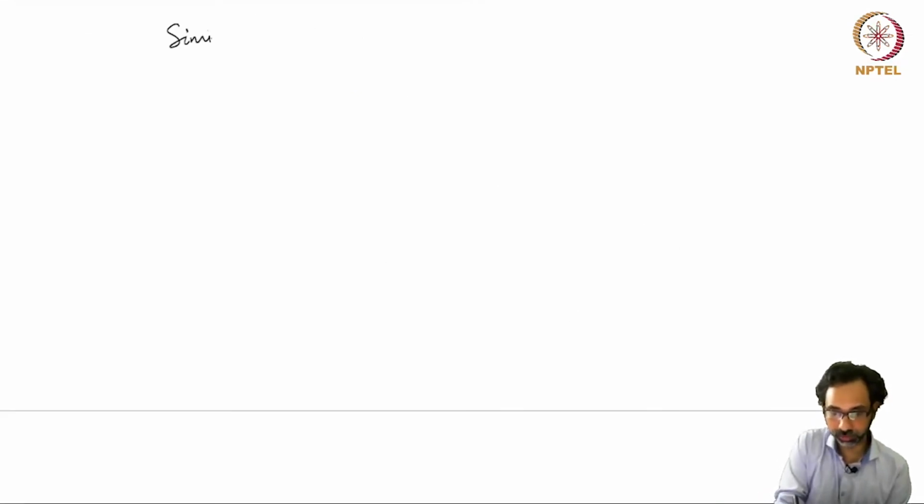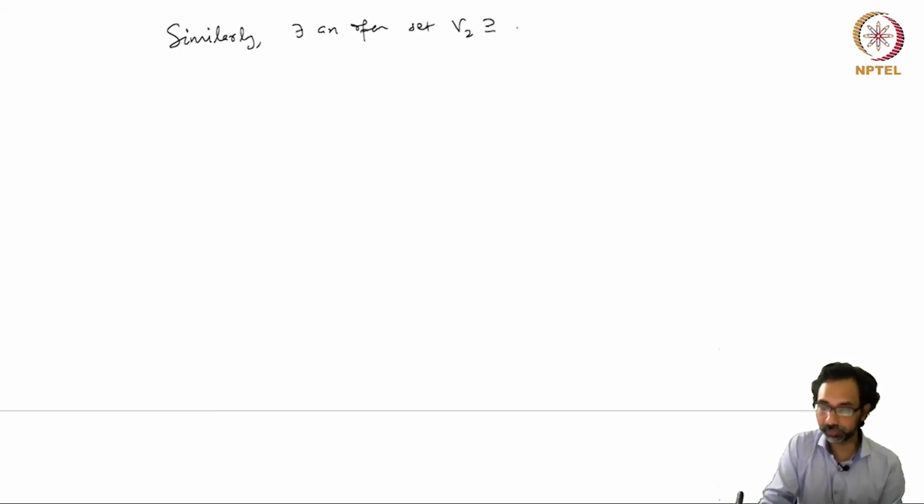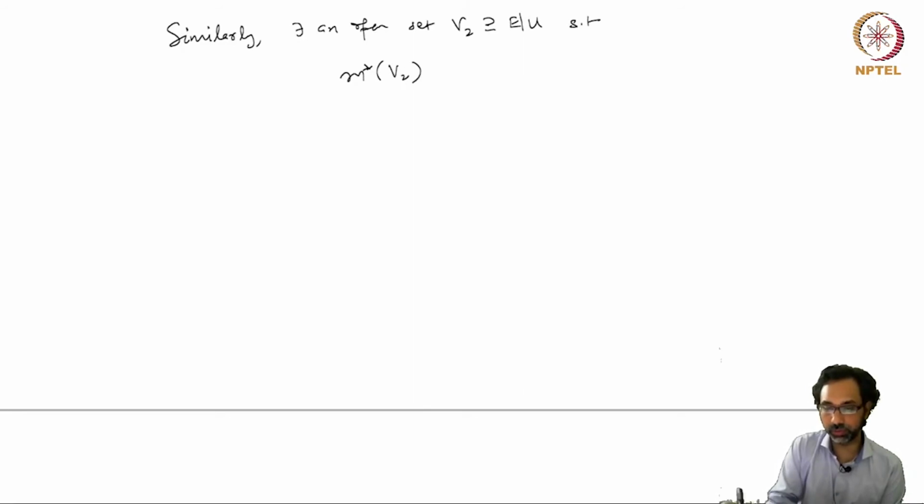Similarly, there exists an open set V2 containing E minus U such that the outer measure of V2 is less than or equal to 3 epsilon by 8.